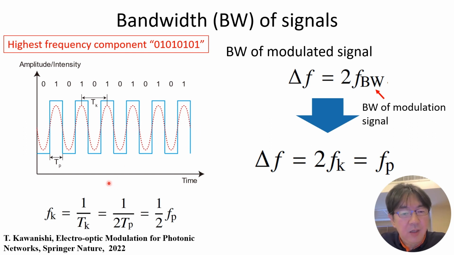So the Tp is the modulation period, and the period of the sinusoidal wave is Tk. Tk is double Tp.